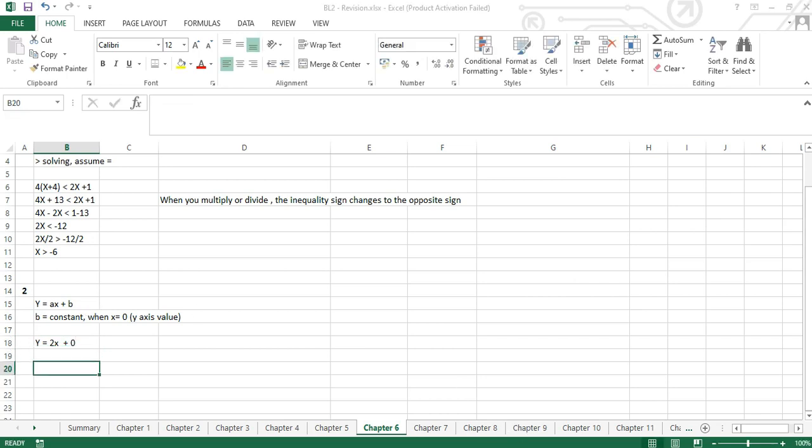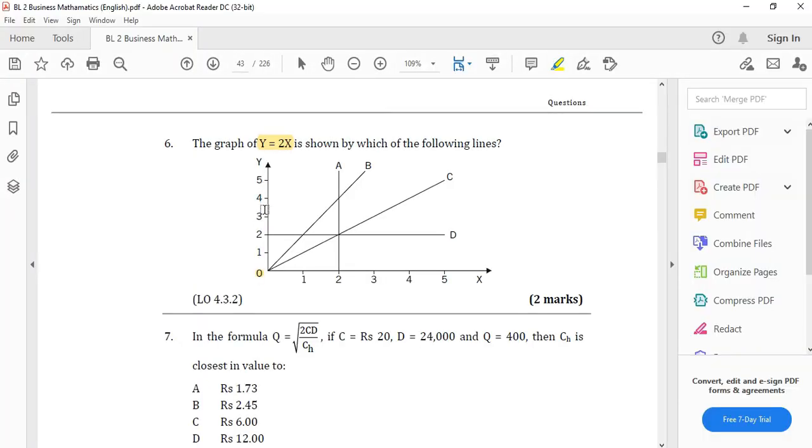In that case, our line can never be on this y-axis. So it's definitely starting from 0. But then it leaves us with the options B and C. But let's analyze. So we have to check whether it's B or C by only substituting the values of the number line to the equation.